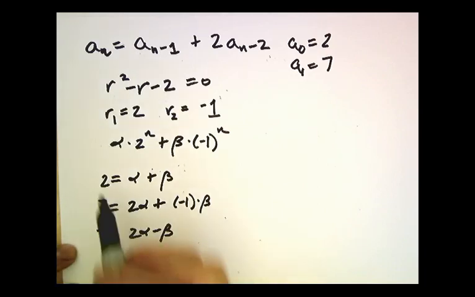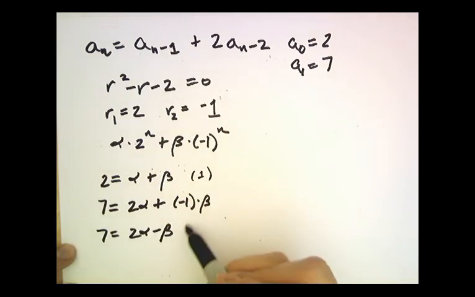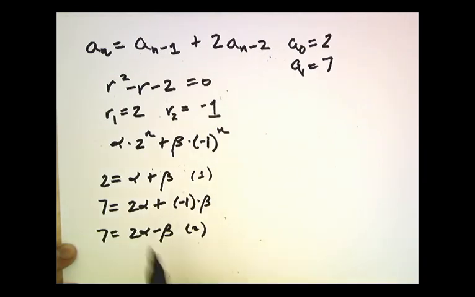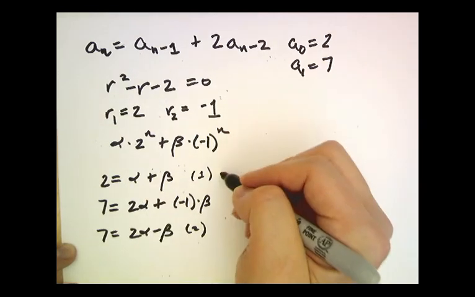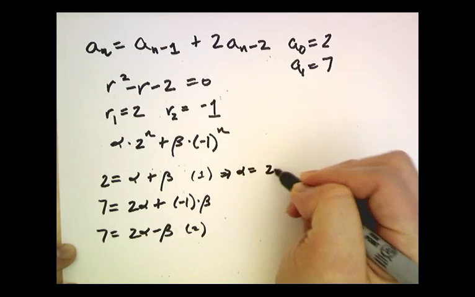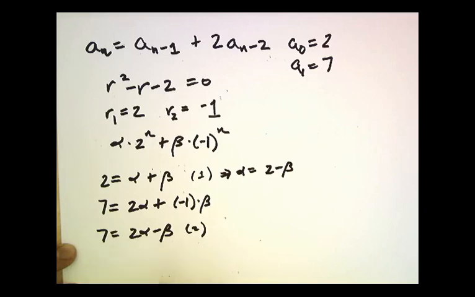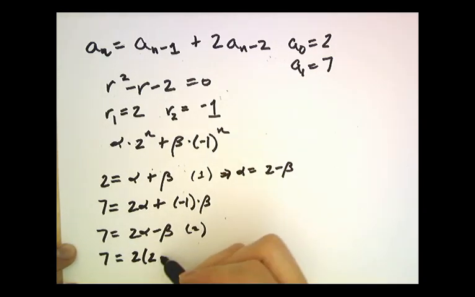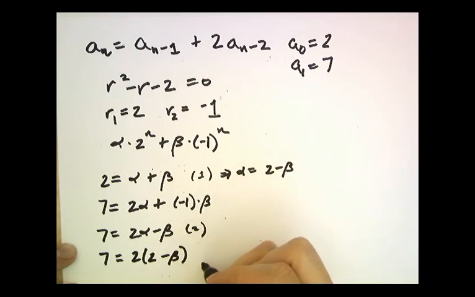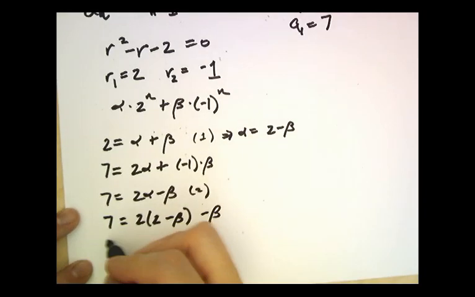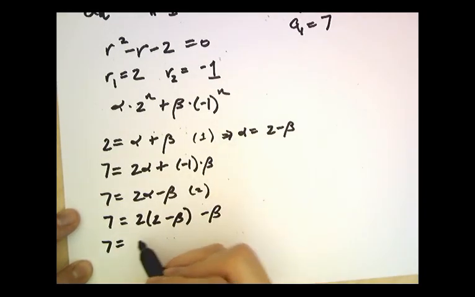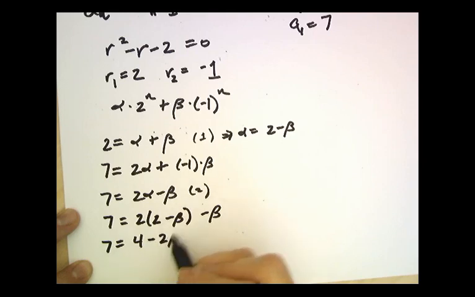Okay, so again, we have two equations. Here's equation 1, here's equation 2. And we have two unknowns, alpha and beta, and we need to solve for them. So let's substitute. This implies alpha = 2 - beta. So we have 7 = 2 times (2 - beta) - beta. So this implies that 7 = 4 - 2 beta - beta.